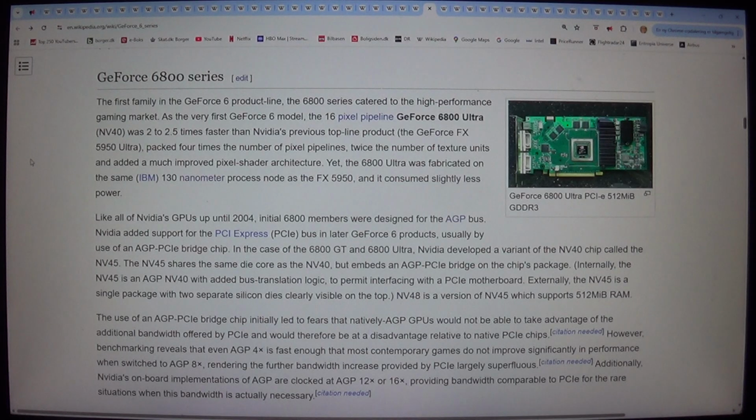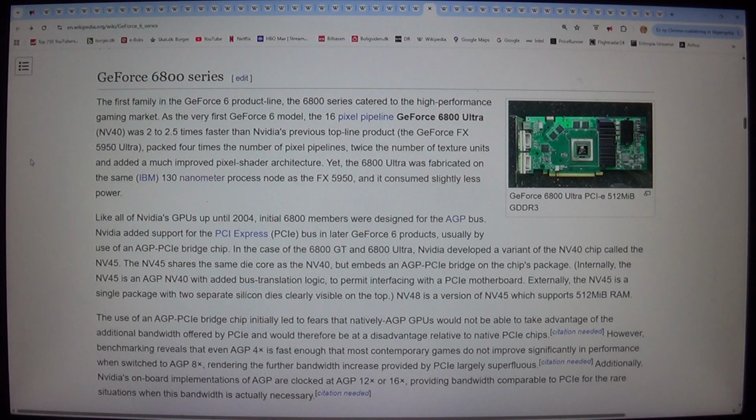Yet, the 6800 Ultra was fabricated on the same IBM 130nm process node as the FX 5950, and it consumed slightly less power.